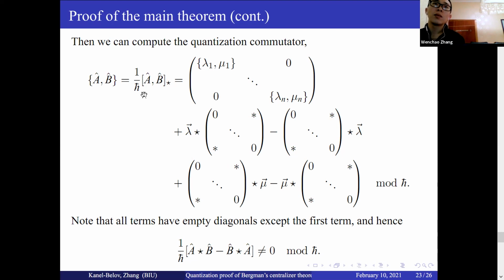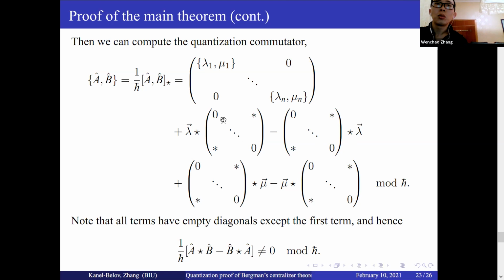So this is empty on the diagonal, the second is empty on the diagonal, and the third term is divisible by h. The last term is divisible by h, and the second term is empty on the diagonal.